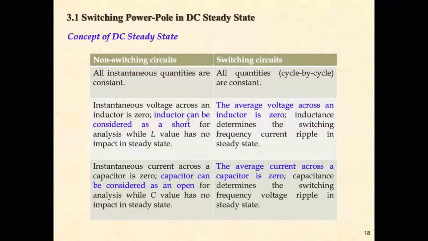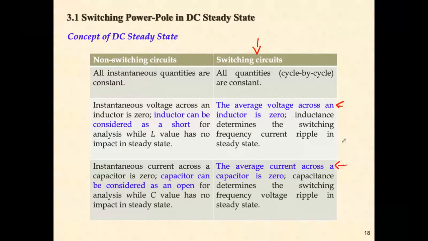Okay, and there is a summary or a comparison between non-switching circuits and switching circuits. For power electronics interface, we consider circuits as switching, of course, right? So if you don't want to know what happened for the non-switching circuits, you may just pay attention on this. And here I highlight two sentences that are very important.